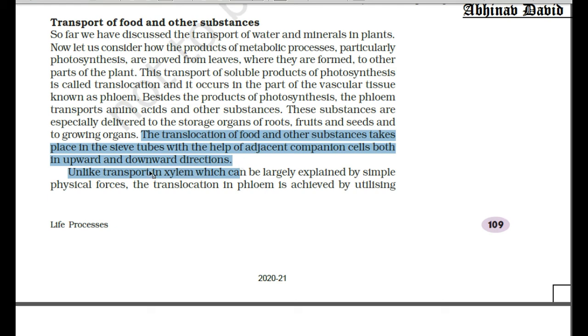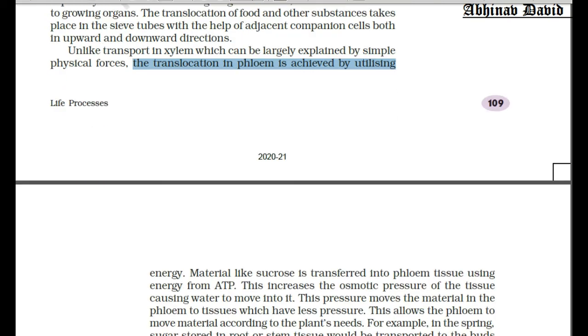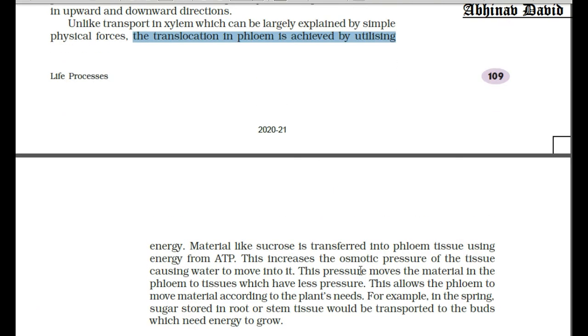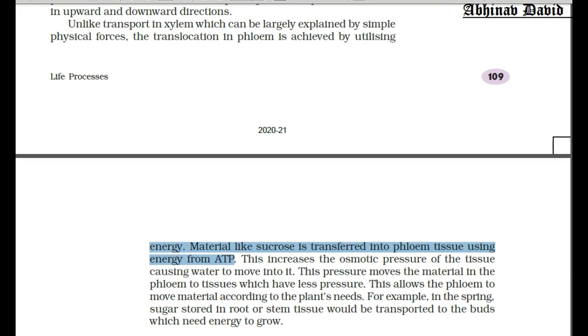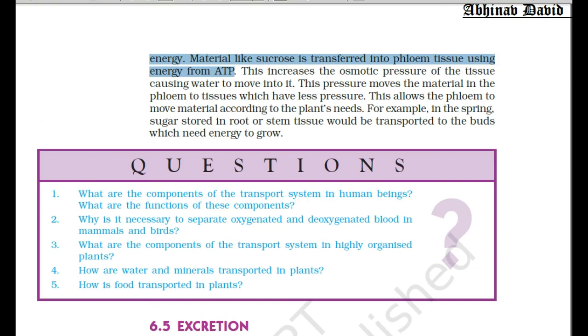The translocation in phloem is achieved by utilizing energy. Material like sucrose is transported into phloem tissue using energy from ATP. Already I told you that sucrose is moved by using the ATP.